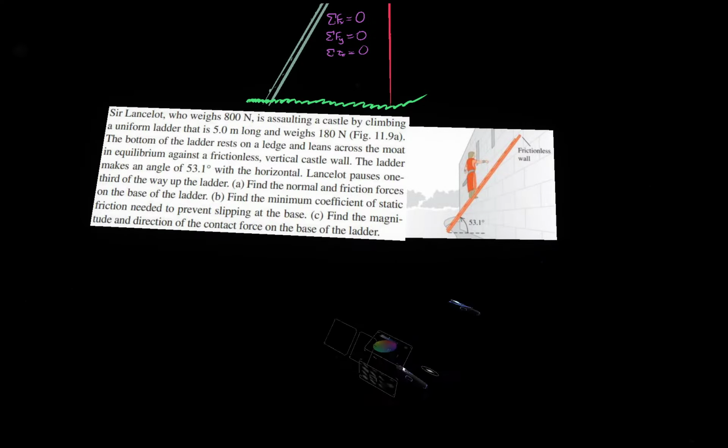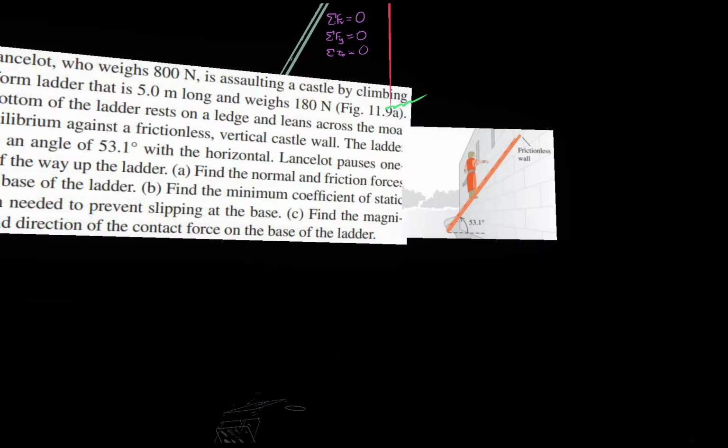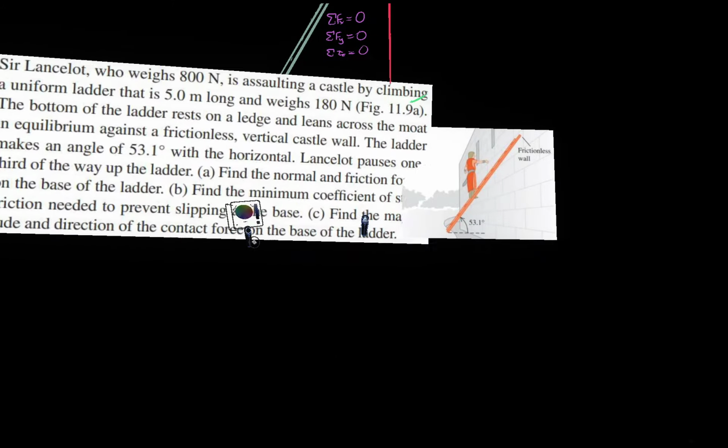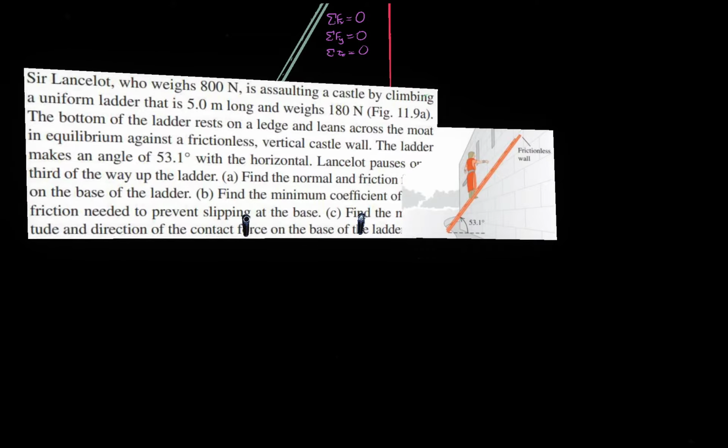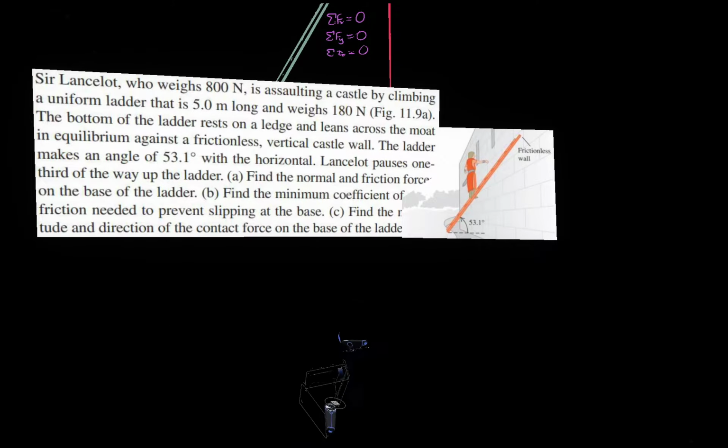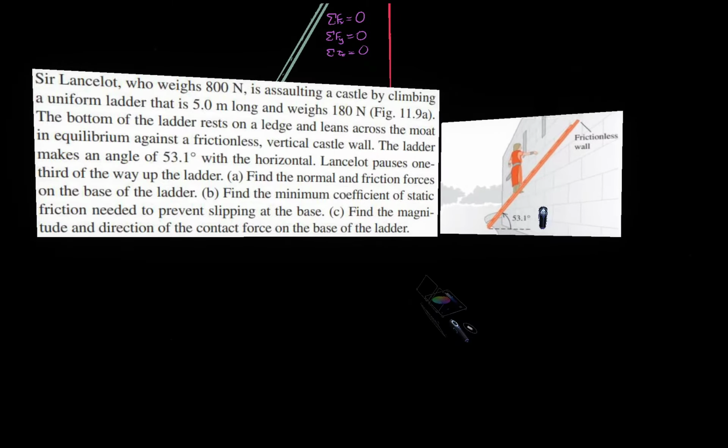How does that look for you? Okay, Sir Lancelot, who has some weight, is assaulting a castle by climbing a uniform ladder that is 50 meters long and weighs 180 newtons. So this is him over here.